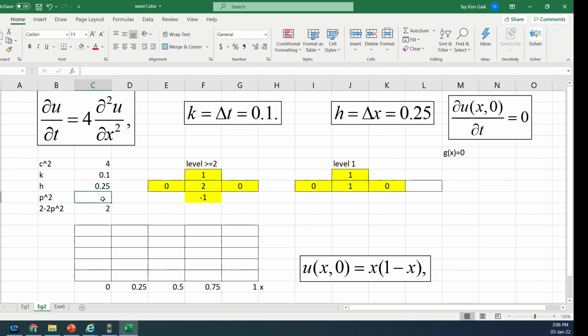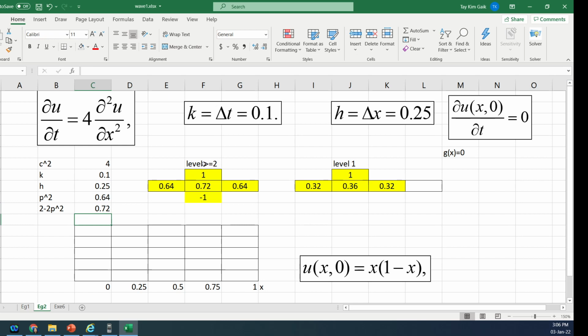Then you calculate rho squared, which is k power 2 multiply c squared, which is 4, divide by h power 2. So you get rho squared is 0.64, and then 2 minus 2 rho squared gives 0.72.